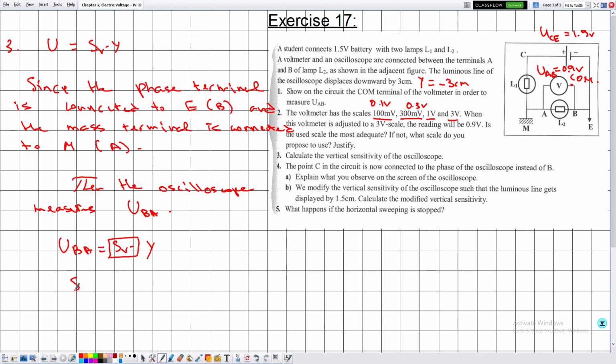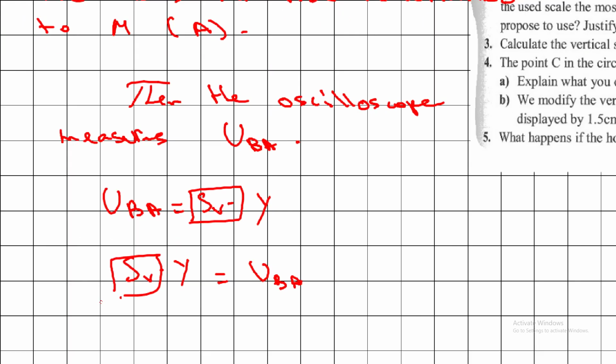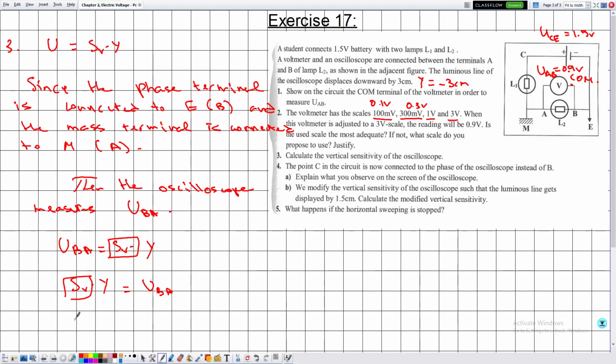So flipping this equation, SV multiplied by Y is equal to UBA. Now dragging Y to the right hand side, it will be divided. So SV is equal to UBA divided by Y.